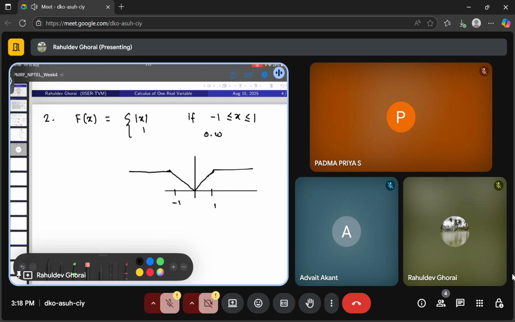Yeah, this should be a convex function. I think it was not a difficult question.